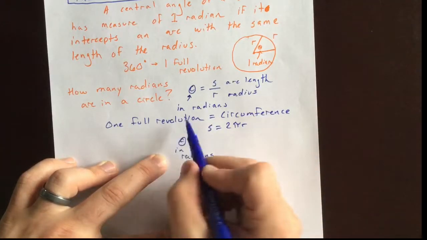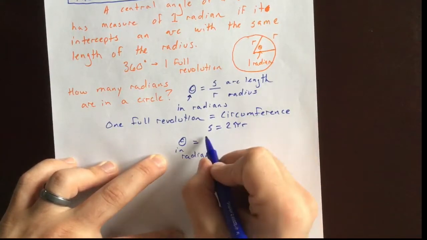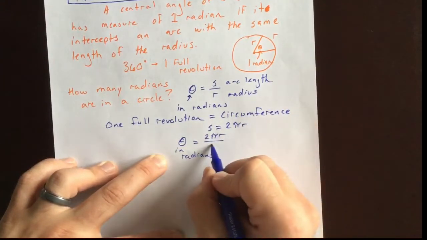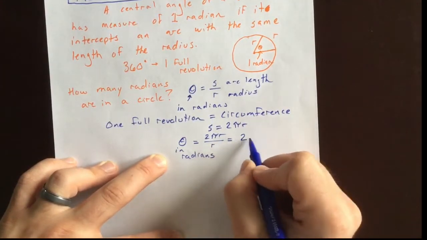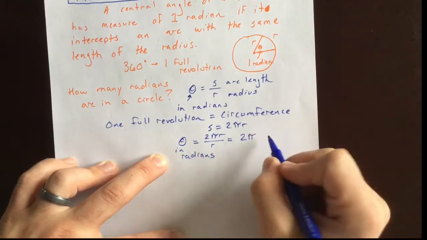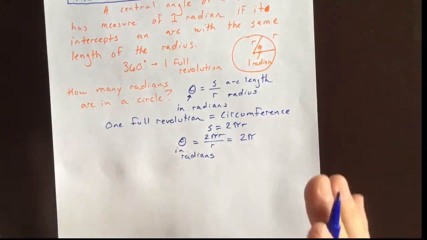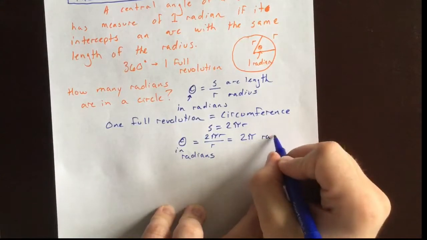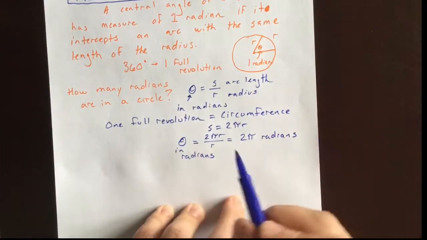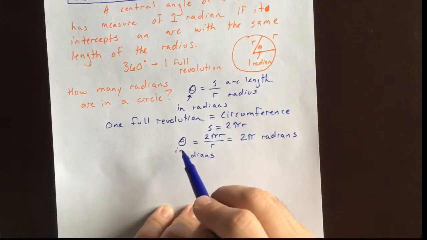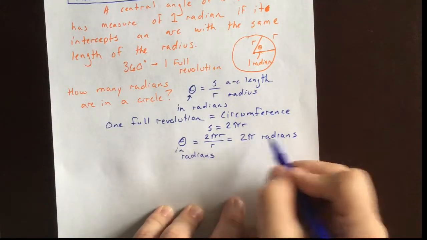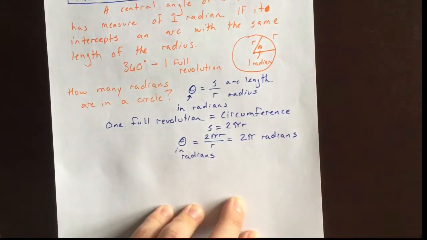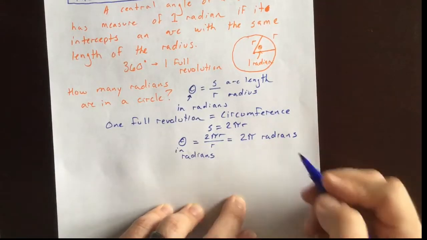For 1 full rotation, revolution, the arc length is 2 pi r divided by the radius, and the r's cancel, we get 2 pi. And you might not realize what we have here. What we have is there are 2 pi radians within one circle. So 1 revolution is 2 pi radians.